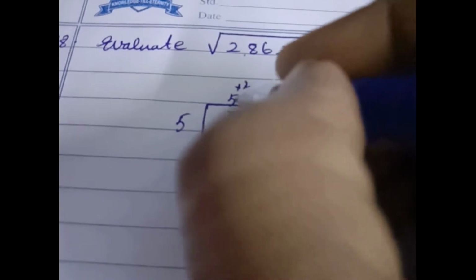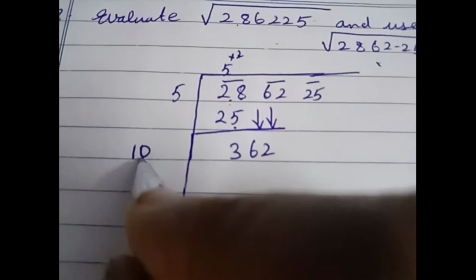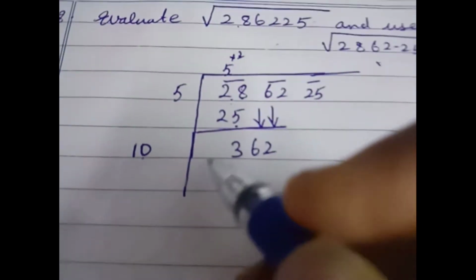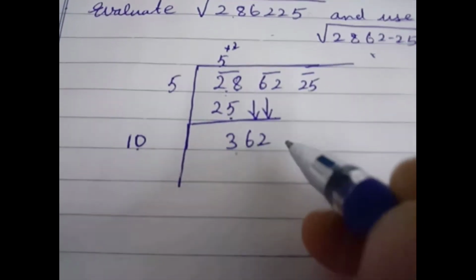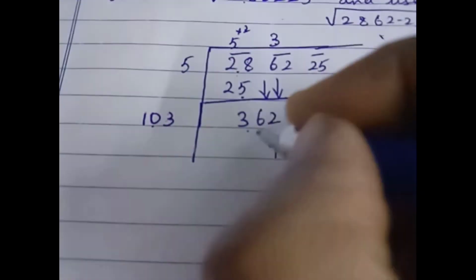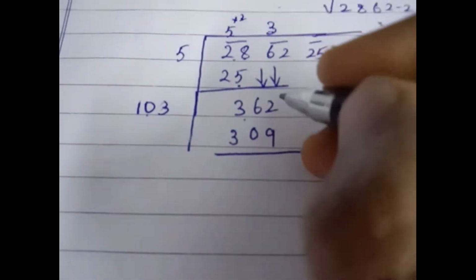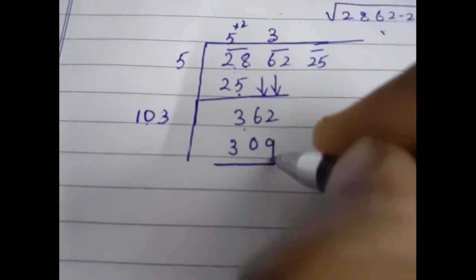Multiply the quotient top number with 2. 5 twos are 10. So with this 10, which number if you multiply, you will get 362. The square number 103 into 3. That is 3 threes are 9, 3 into 0 is 0, 3 ones are 3. Now minus: 362 minus 309 is 53.